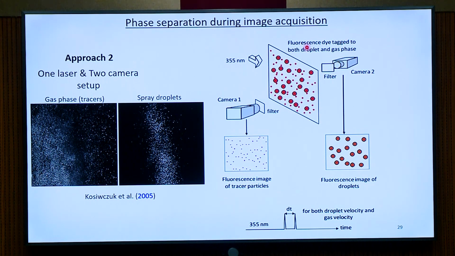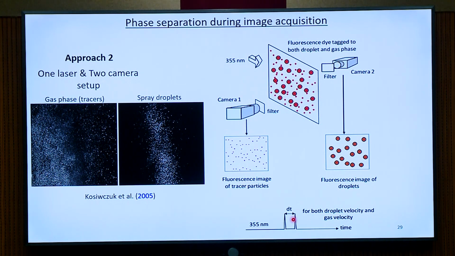Okay. However, one limitation in this case is that if there is significant slip between droplet and the gas flow, if let's say the droplets are moving much faster than the gas flow, then the same delay time cannot be used. Let's say the droplet velocity is 50 meter per second, gas velocity is 5 meter per second.